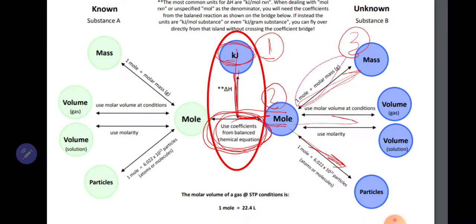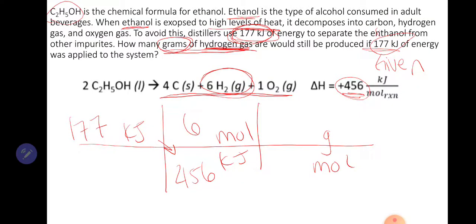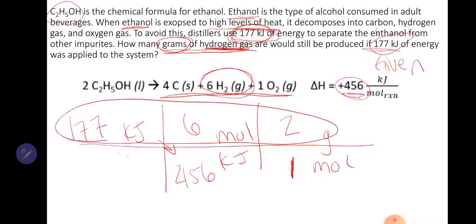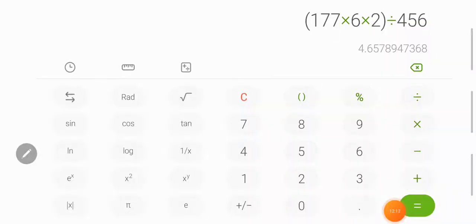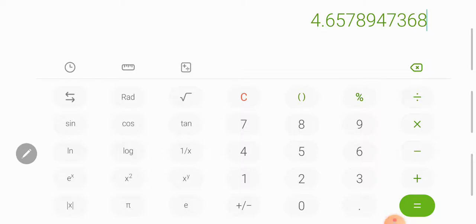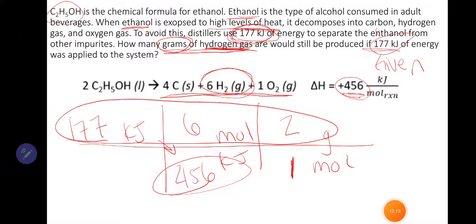And last but not least, we're going to do 1 mole is the molar mass. 1 mole, and we already know the mass of H2 because we did it in the last problem, was 2. So we're going to multiply these all up and divide by the bottom. So when we multiply that up and divide them out, we get a whopping 4.7 grams. And we know it's grams because all those other units cancel.